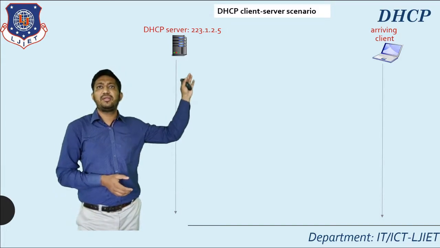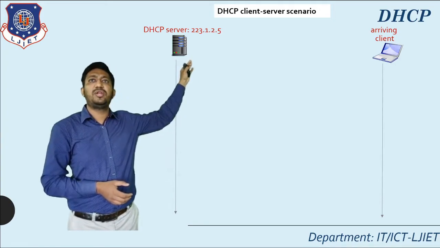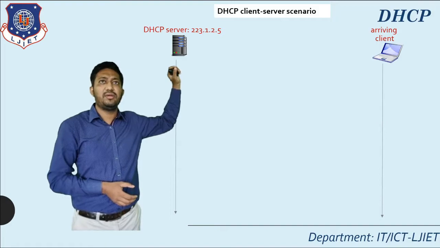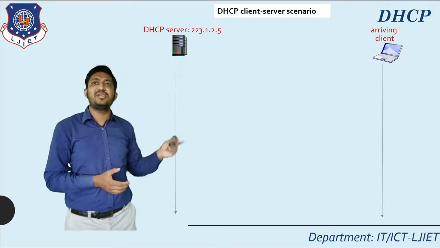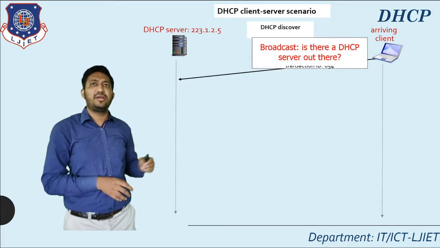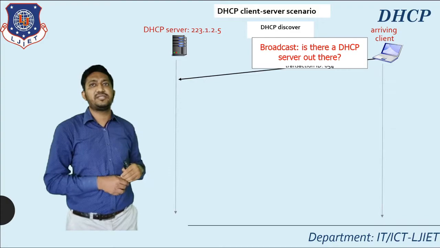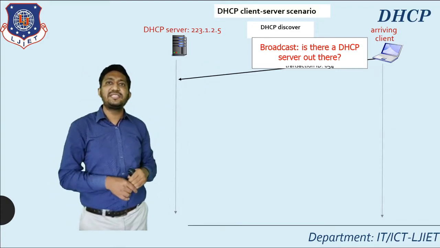So assuming that we have one DHCP server with the IP 223.1.2.5 and one client is arriving in the network. What is the process working behind that? First, when the client arrives in the network, it broadcasts a message. That is step number one, the DHCP discovery.